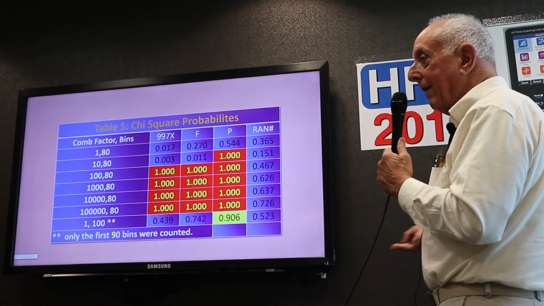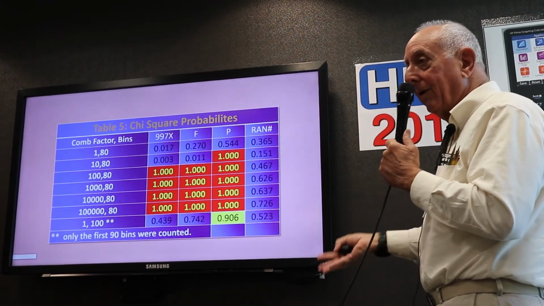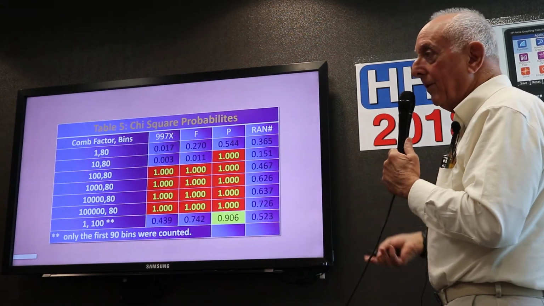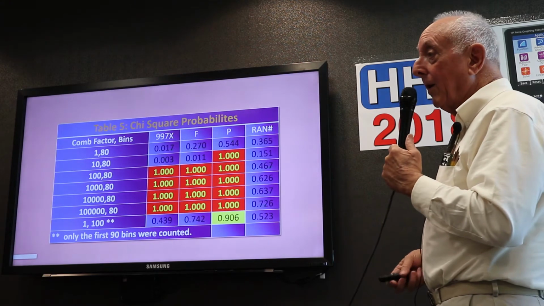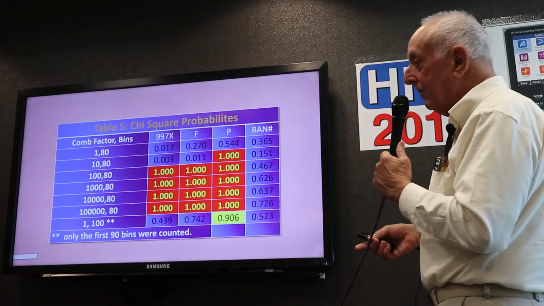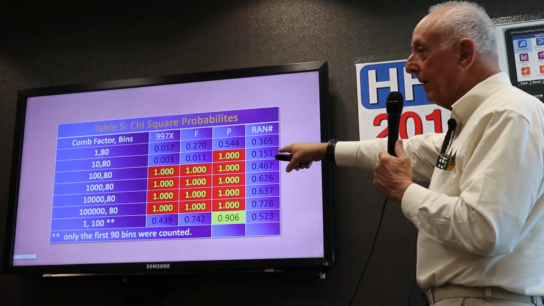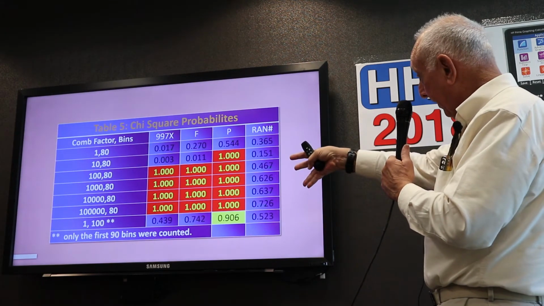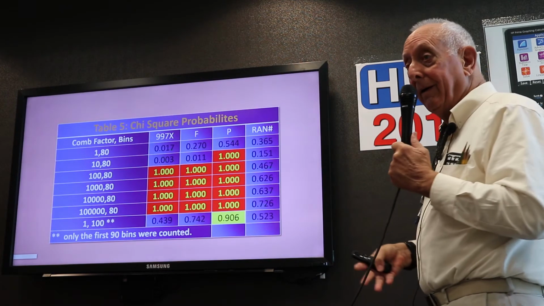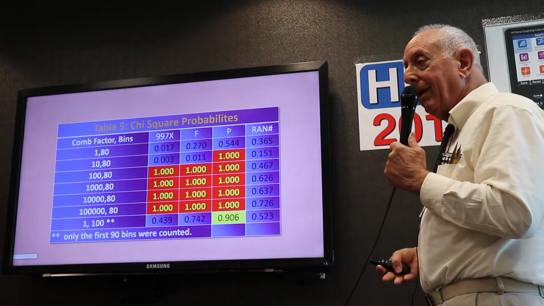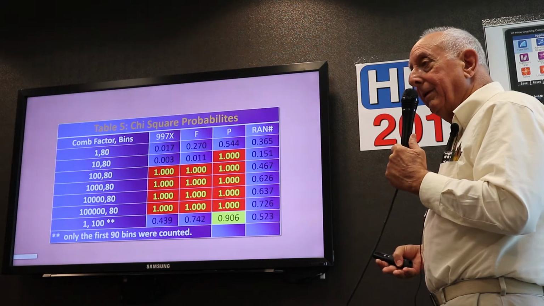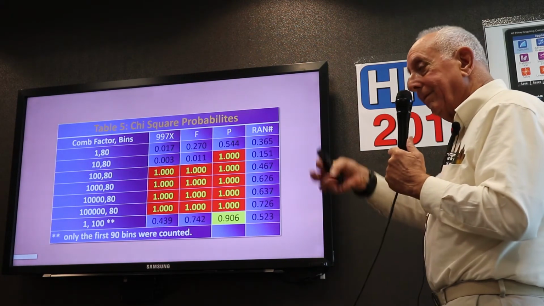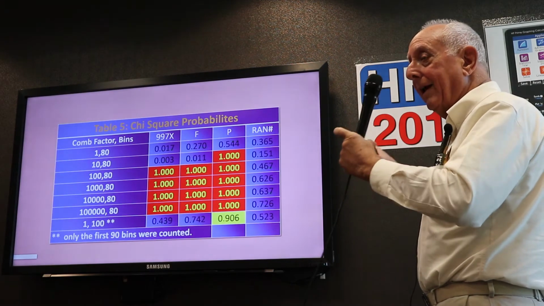And if they are all uniform and have a very low chi-square score, then the remainder are probably okay. If you wanted to be completely thorough, what you could do is, instead of chopping off the last 20 of the 100 bins, you could chop off the first 20, and then you have two things overlaid.